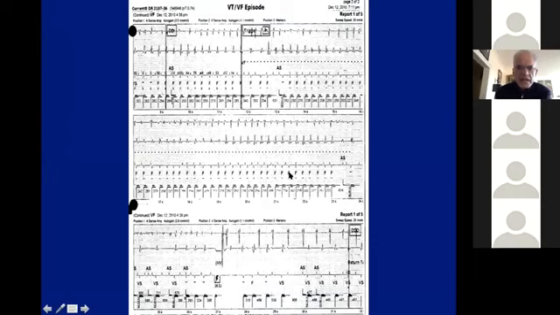And then eventually it actually breaks, right? It breaks, but then the device delivers a shock. So any idea what that was? Any takers on this one?